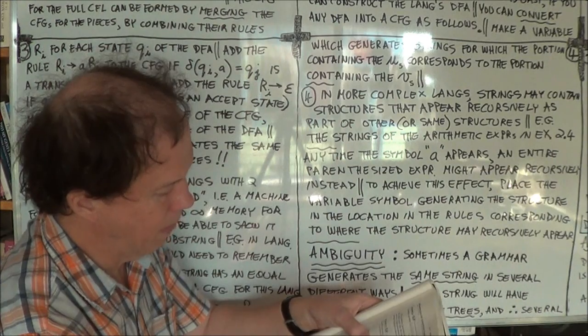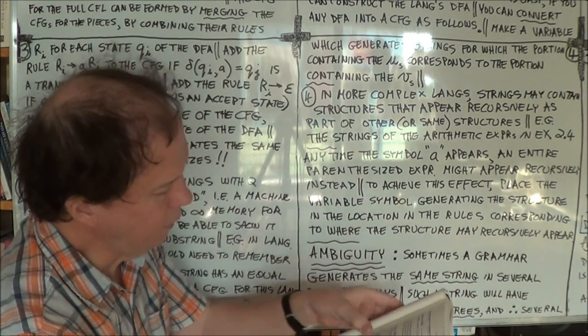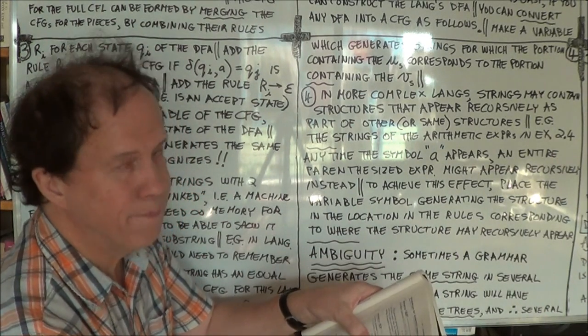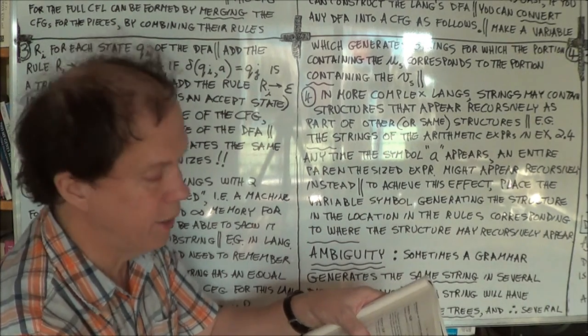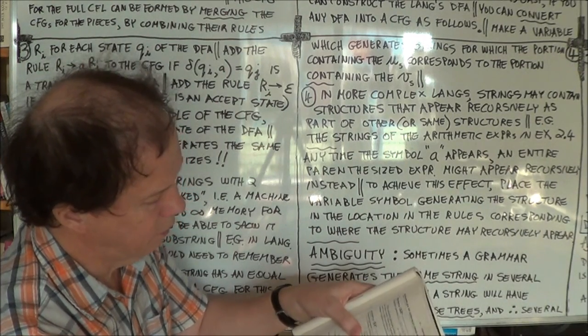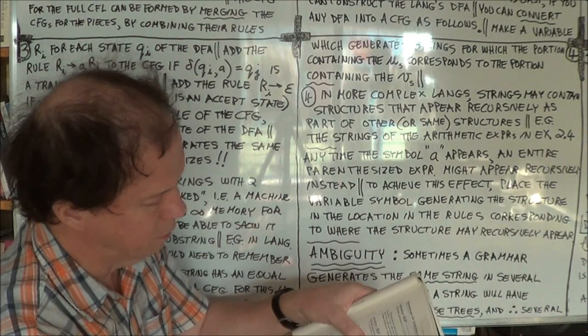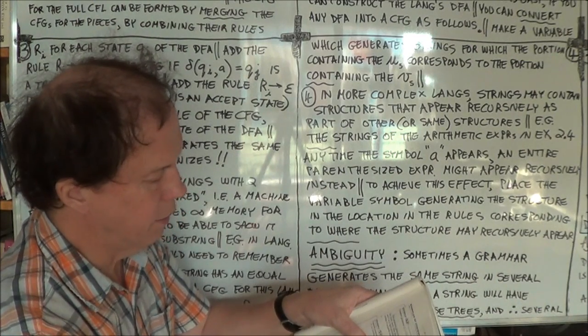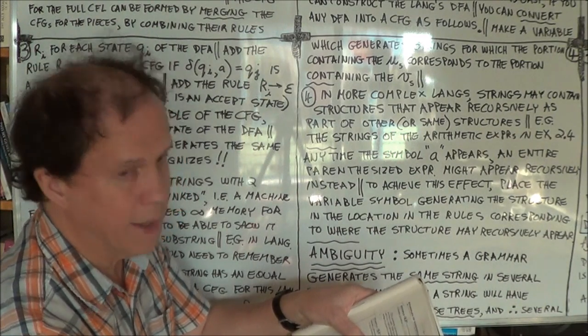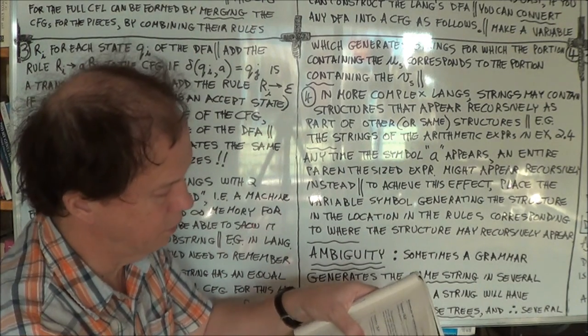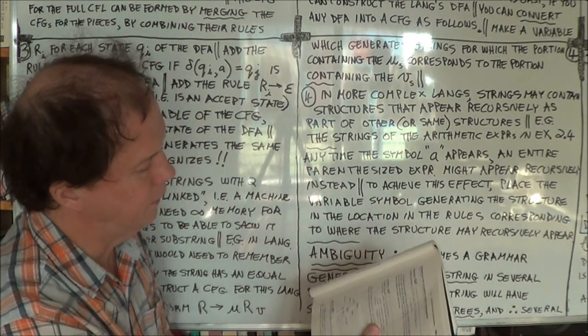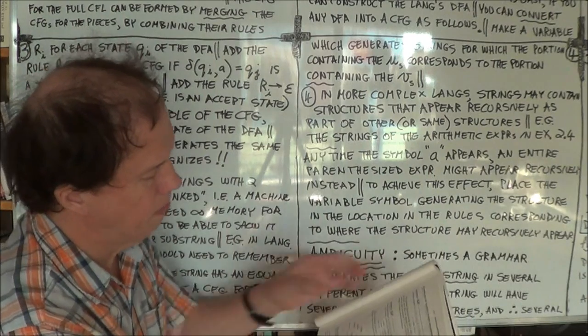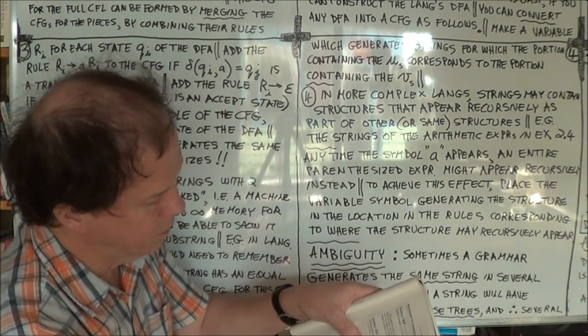Okay, so the variable expression EXPR, that's recursive because you had the substitution rule EXPR arrow EXPR plus term. So there's one substitution rule that's recursive, and the other example was term itself.